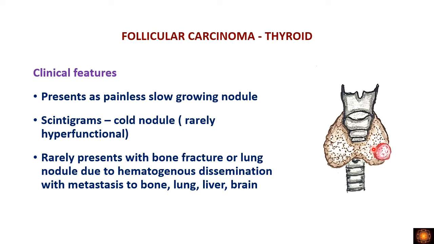So in some cases the patient may present with a bone fracture. The primary presentation may only be with the fracture or lung nodules. Then histopathologically we can make out that there is a deposit of follicular carcinoma. So sometimes the presentation need not be as a nodule in the thyroid, but they can present as a bone fracture or lung nodules.